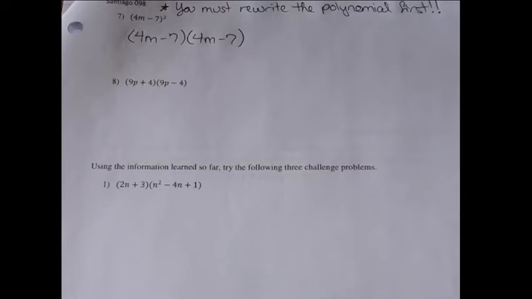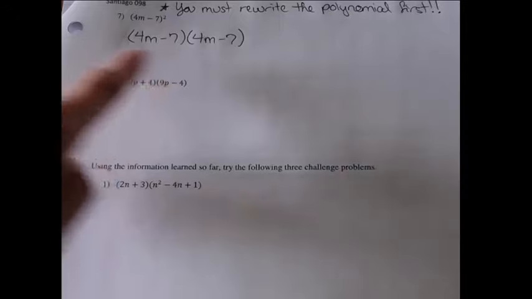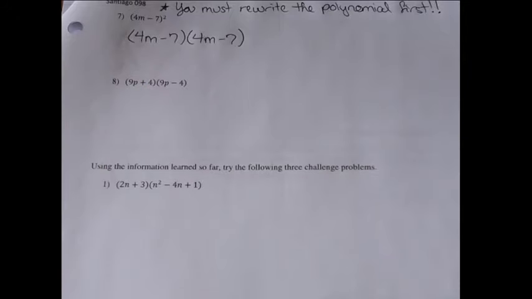What you might have thought is, hey, can I take a shortcut and just square the 4m and just square the 7? Well, I'm going to do the math this way, and I want to prove to you how you lose a term by simply skipping a step and trying to just square it. It doesn't work, and I'm going to prove to you why.